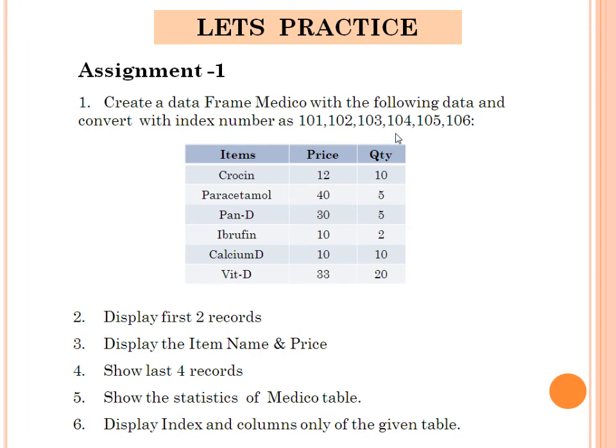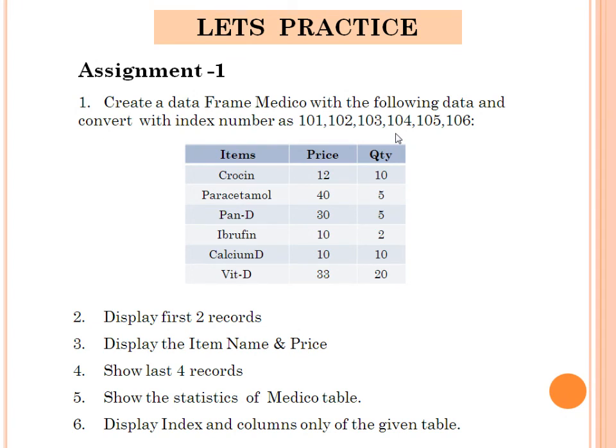Show last 4 records. Okay. Then show the statistics of Medico's table. Means you have to show all the statistics: mean, median, mode, standard deviation, 25%, 75%, minimum value, maximum value, all the statistics on this Medico's table.